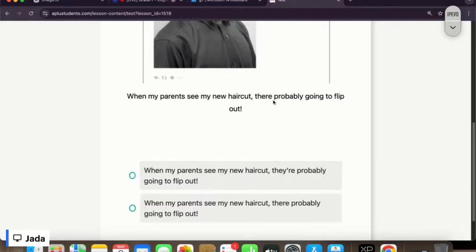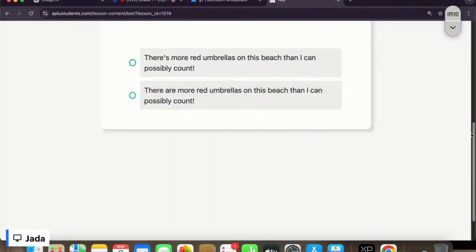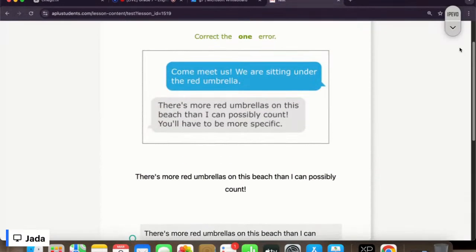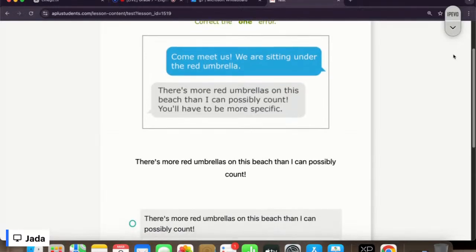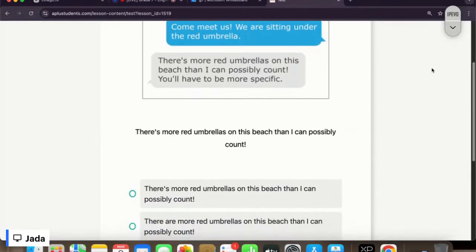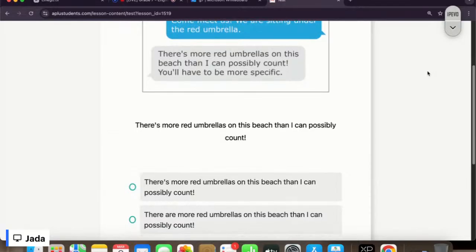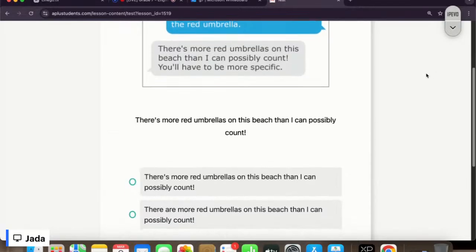So instead of there, it's supposed to be they are probably going to flip out. So they are. Okay. So here we have come with us. We are eating under the red umbrella. There's more red umbrellas on this beach than I can possibly count. You'll have to be more specific.